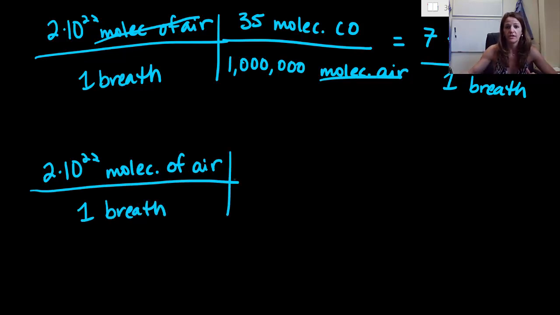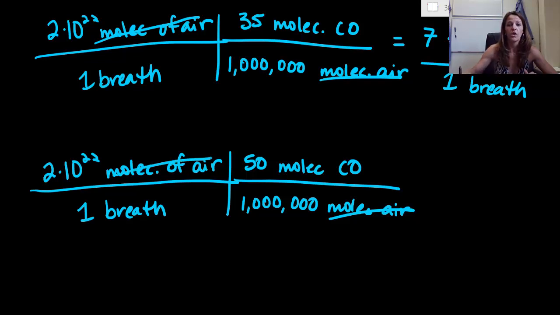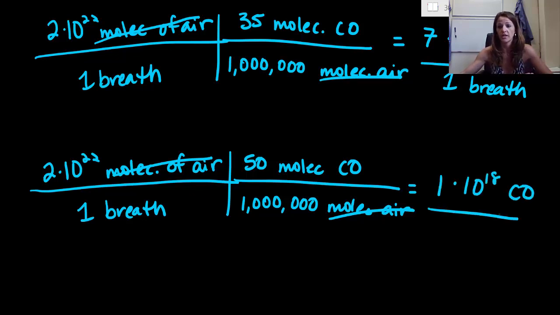Now, to figure this out for a smoky room, we know there are 50 molecules of carbon monoxide per every 1 million molecules of air. So again, our units cancel out, the top and the bottom cancel out, we're left with molecules of carbon monoxide in one breath. And for this mathematical problem, when we solve it out, we get 1 × 10 to the 18th molecules of carbon monoxide per one breath. We are not done here.